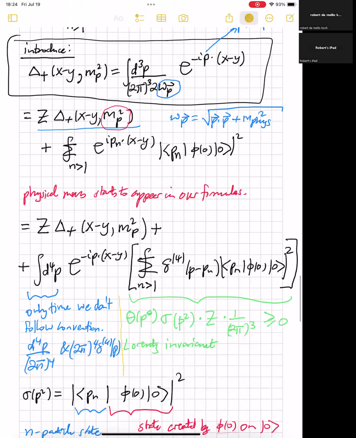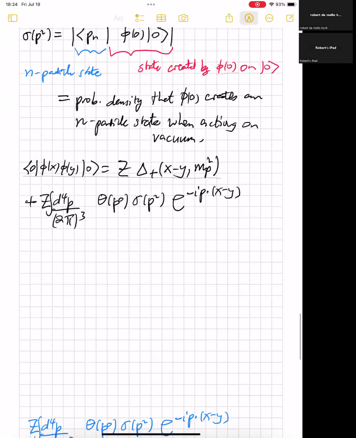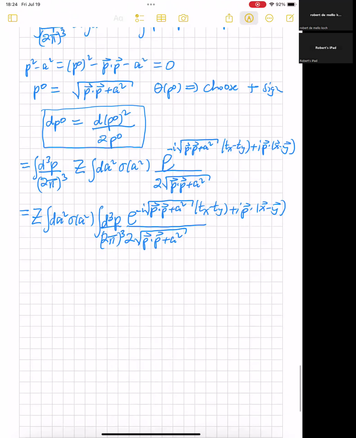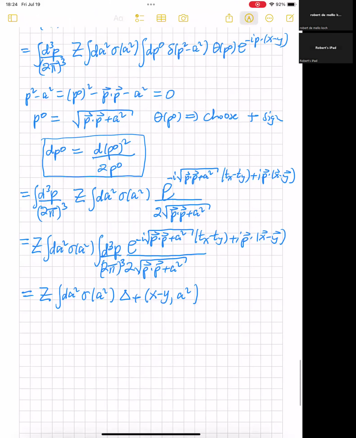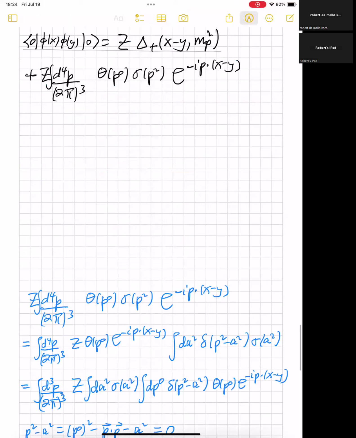So if we look at this expression over here, what is this? Well, this is Z integral dA squared sigma of A squared, and then we've got delta plus of x minus y comma A squared. So that's the form that I wanted it in. So let's add it in over here.